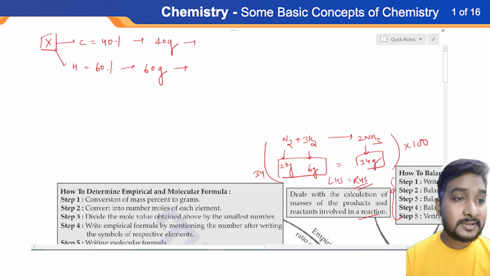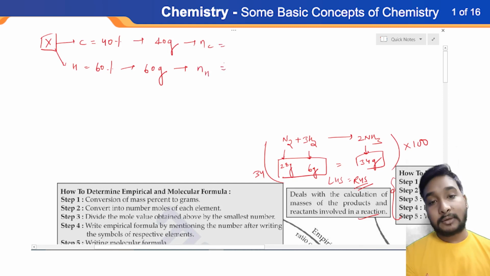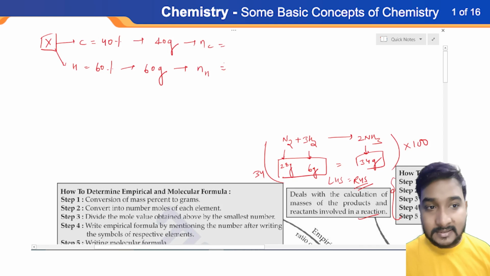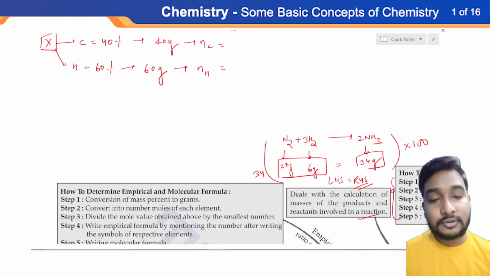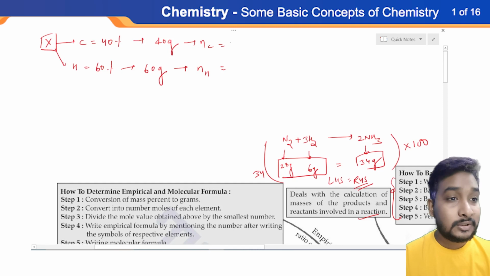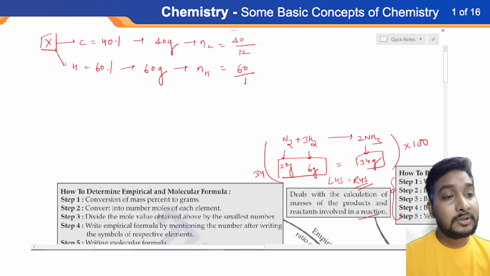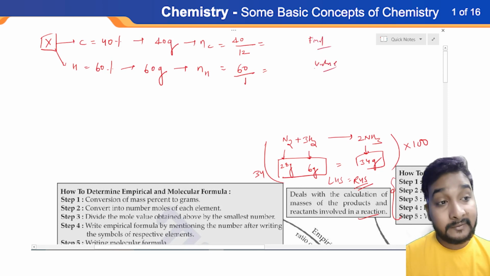After that, calculate the moles of carbon and moles of hydrogen. And how can we calculate moles? To calculate moles, you have to divide the given mass by the atomic mass of that respective atom. So given mass is 40 for carbon and atomic mass of carbon is 12, and for hydrogen 60 upon 1. So after the calculation of moles, you have to calculate the final value, and after calculating the final value, we can easily calculate the empirical formula.